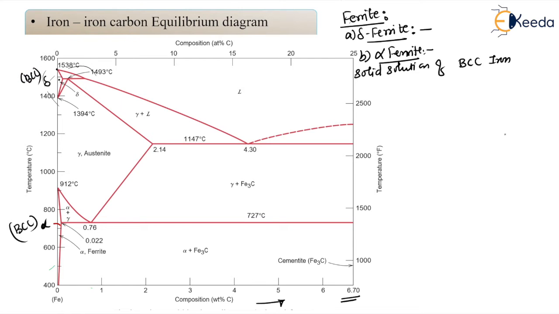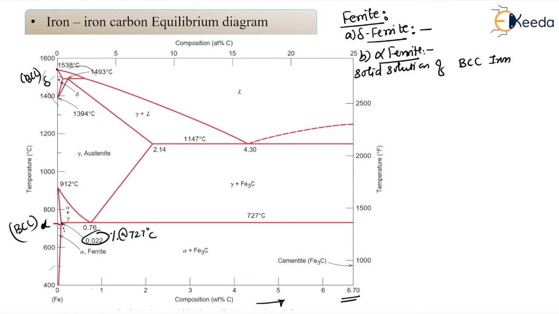This is the solid solution of BCC iron, and it has a maximum solubility of carbon, dear students, of 0.022%. And at what temperature? At 727 degrees centigrade.